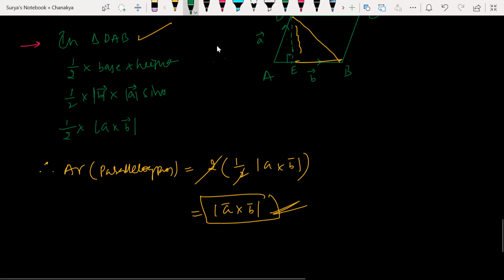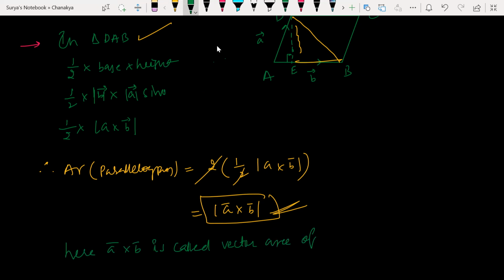Here, look at this one. A cross B is called the vector area of the parallelogram. Okay, vector area of parallelogram. Hope it is clear.